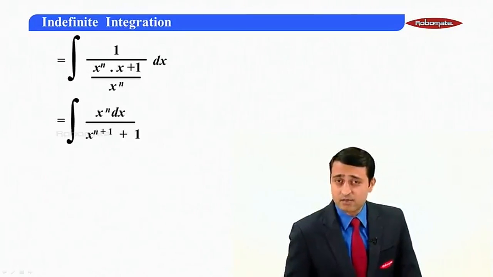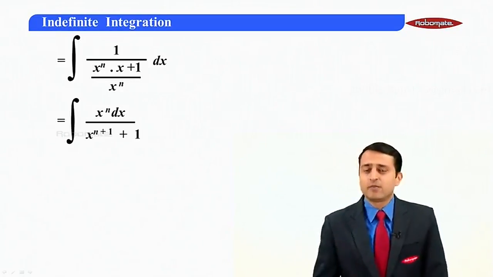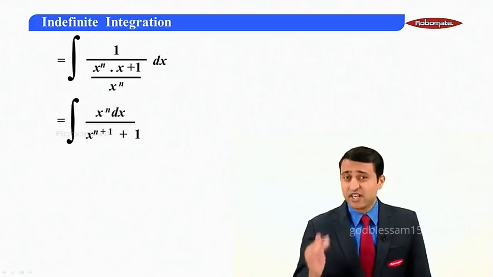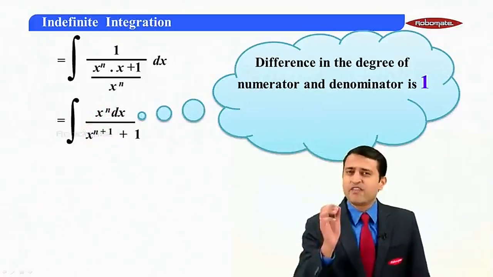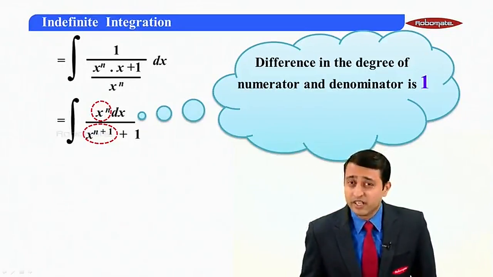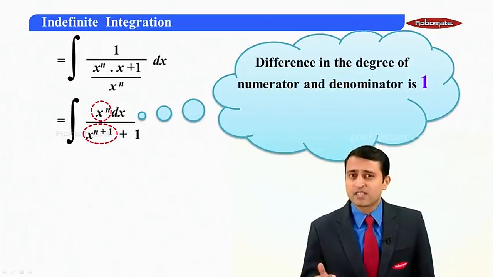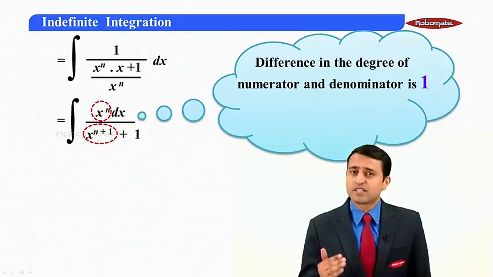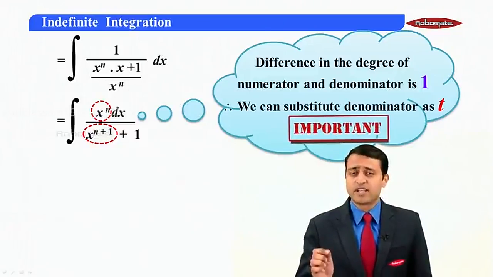We are discussing sums where the function to be integrated is algebraic, and here we observe the difference in the degrees of x in the denominator and numerator is 1. Very important observation. Difference in the degrees of x in the numerator and denominator is 1. To be very precise, power of x in the numerator is less than the power of x in the denominator by 1. In such a case, we substitute the denominator as t.